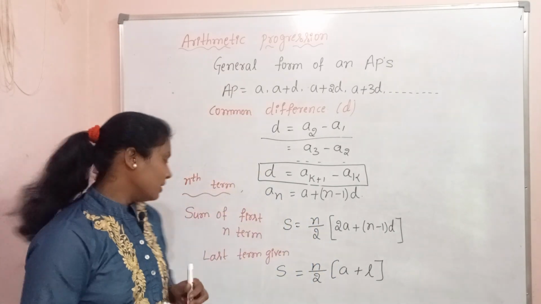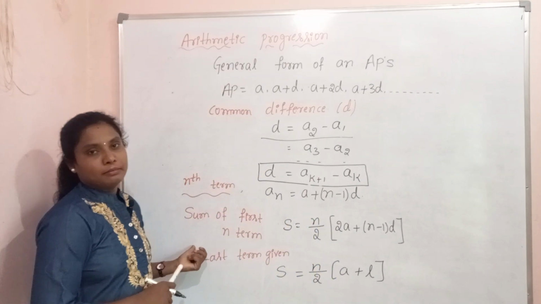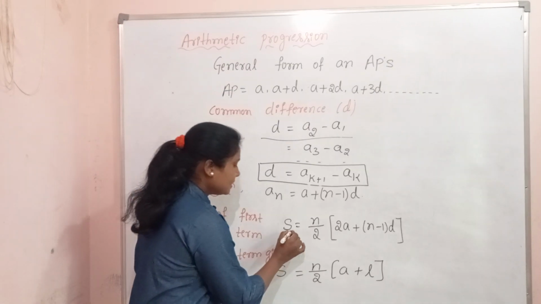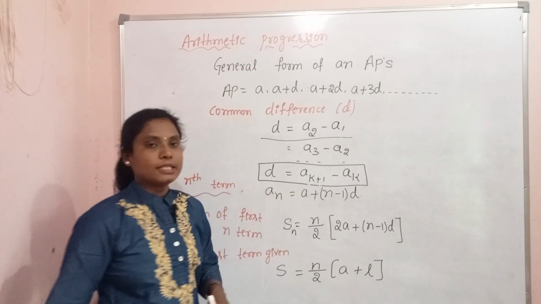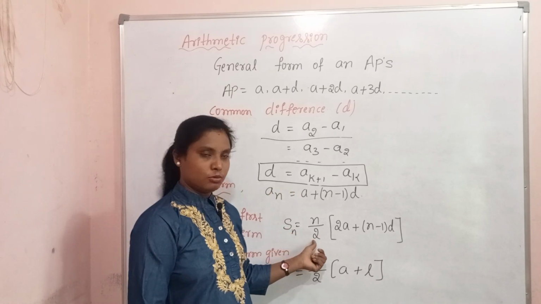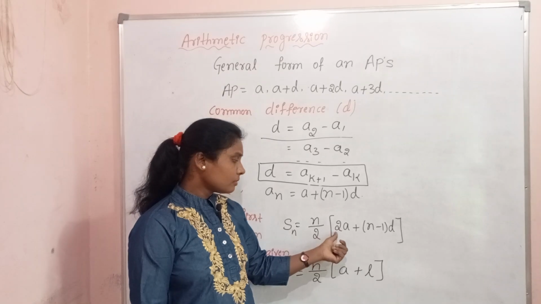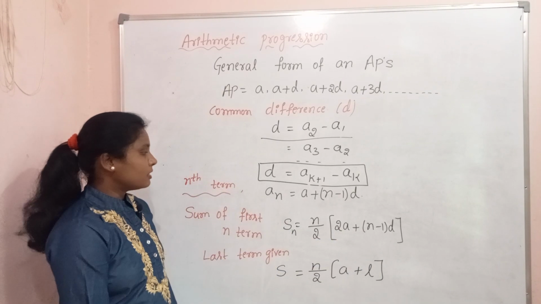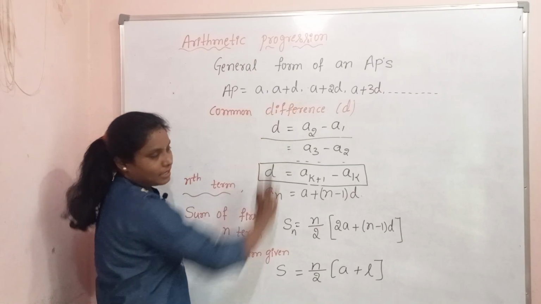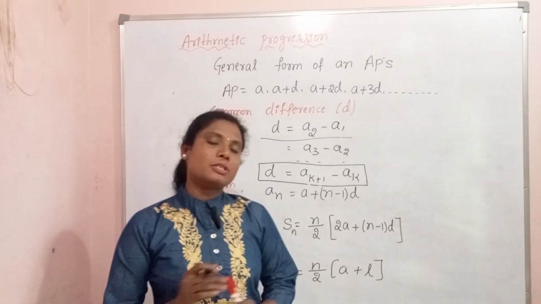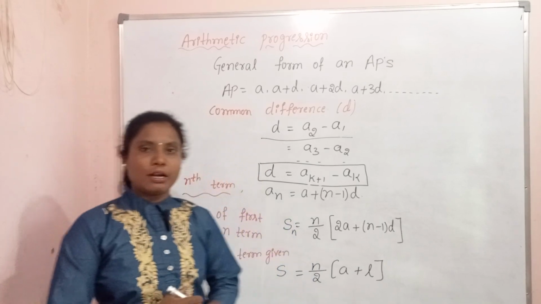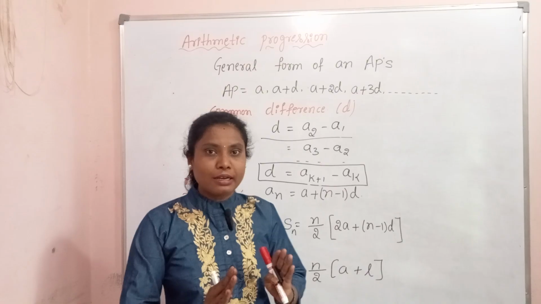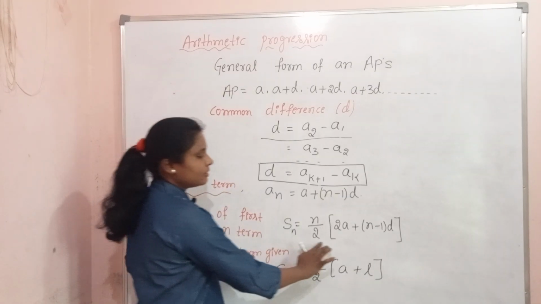So next we will move on to the sum. Sum of first n terms. We can call this Sn, and Sn is equal to n by 2 times (2a plus (n minus 1) into d). Suppose an AP consists of 10 terms and you add all 10 terms, what is the answer you will get?